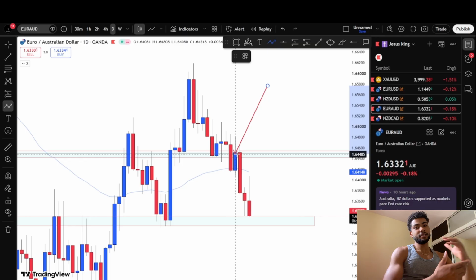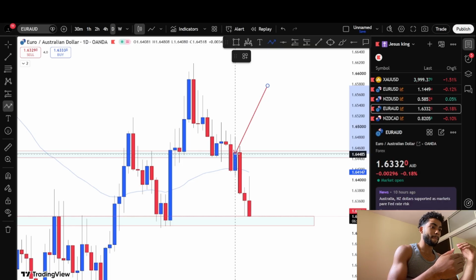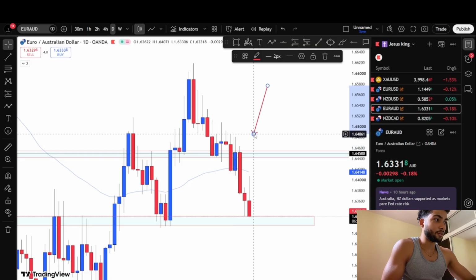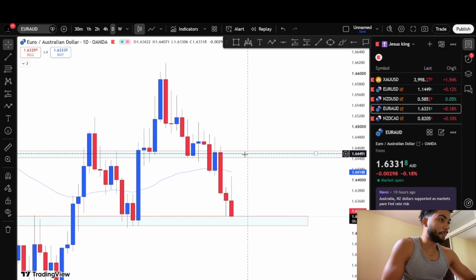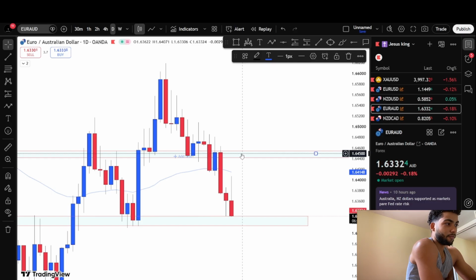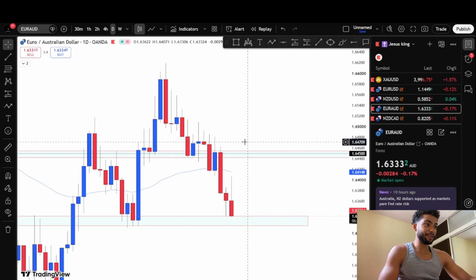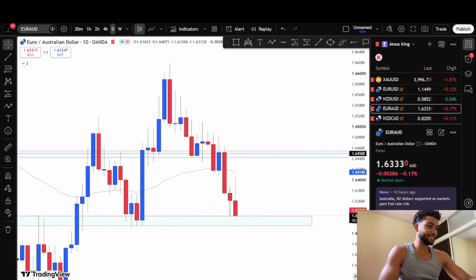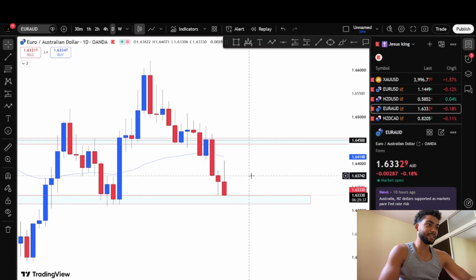If an area is very well respected when price is above it, when price is below it, it's going to be very well respected as well. And apart from that, I have this round psychological level, 1.64500. I don't know if I said it well, but that you guys know that's what it is.